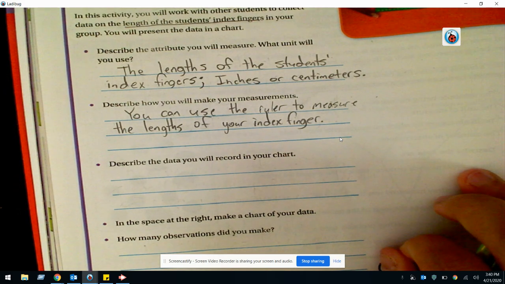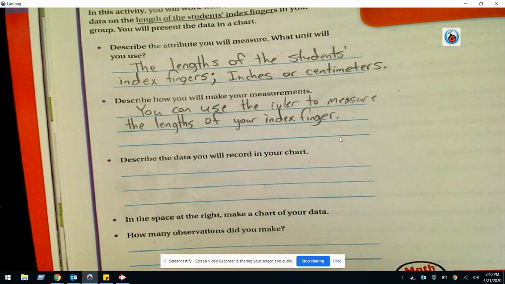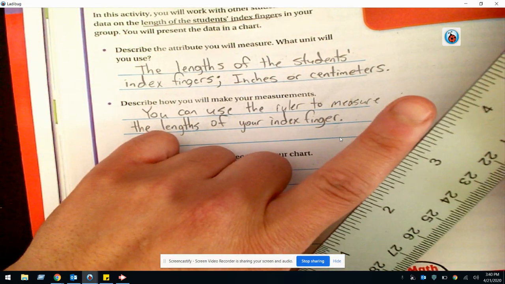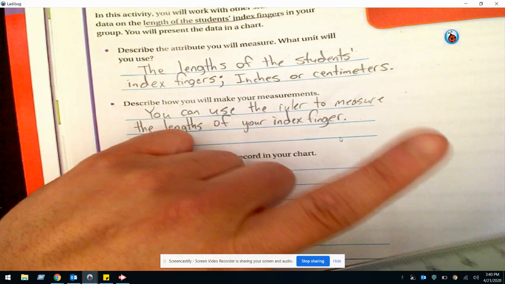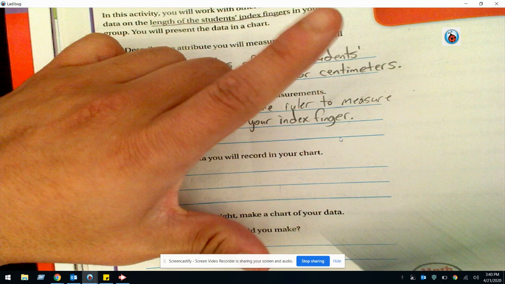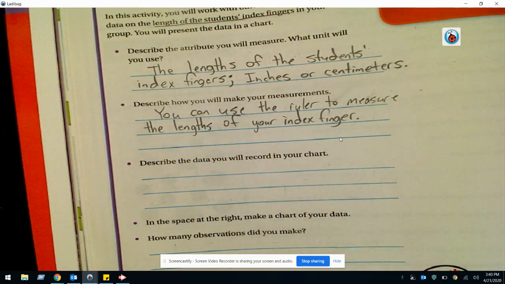So you would take your own ruler, for example, and you would measure. You can use either inches or you can use centimeters, either way, whichever one you would choose to do.